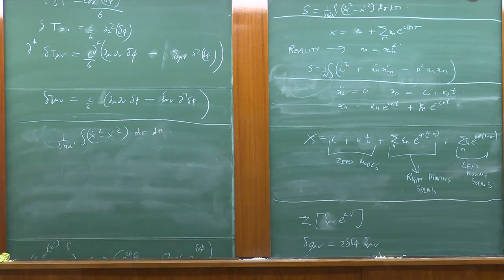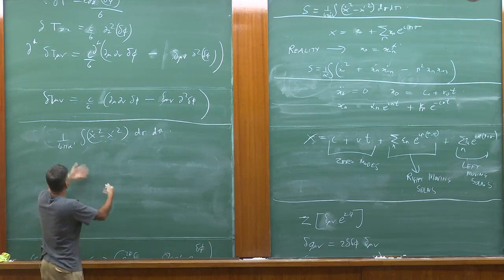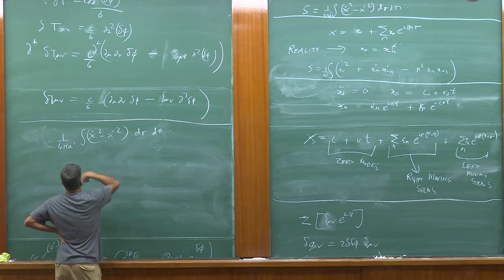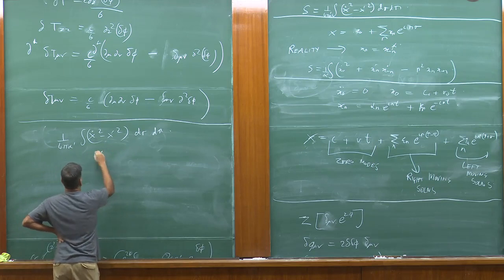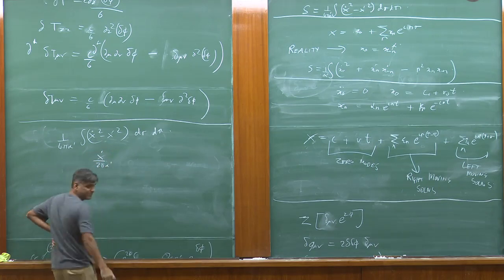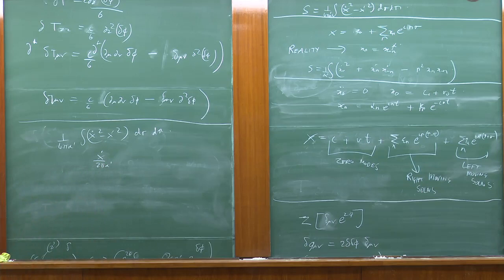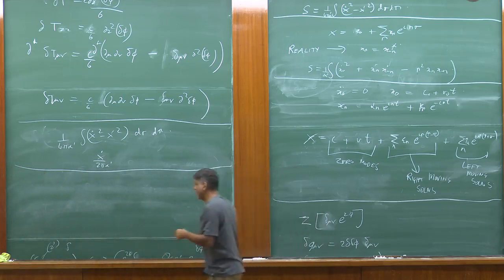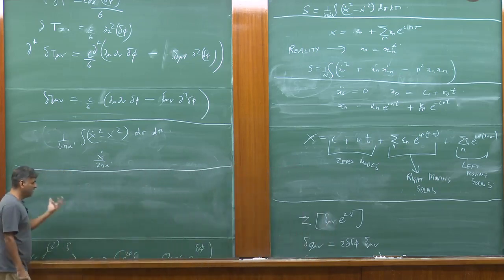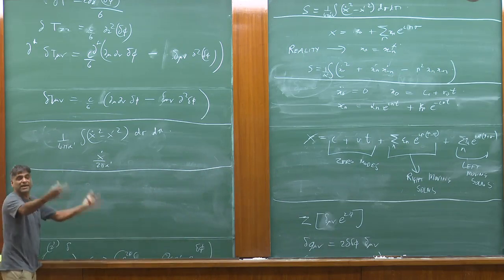Okay, so the canonical momentum for this x field was just x dot by 2 pi alpha prime. Now, the fact that x and its momentum are canonically conjugate to each other can be written in a slightly more covariant way in phase space as follows.